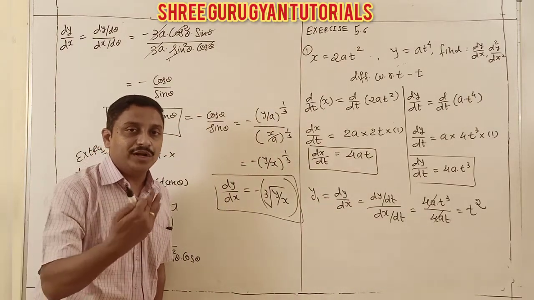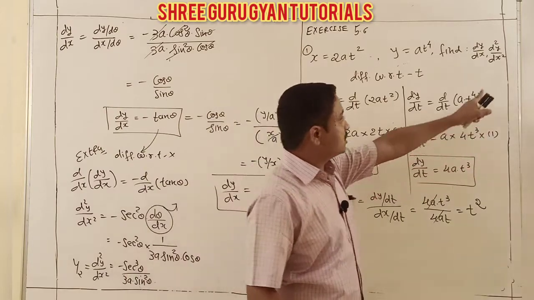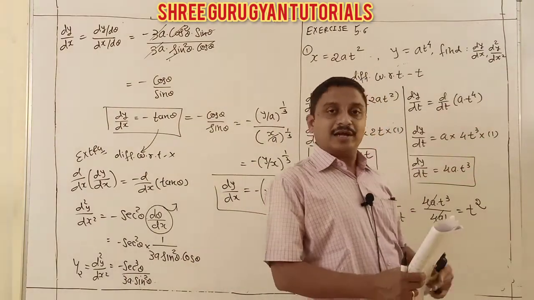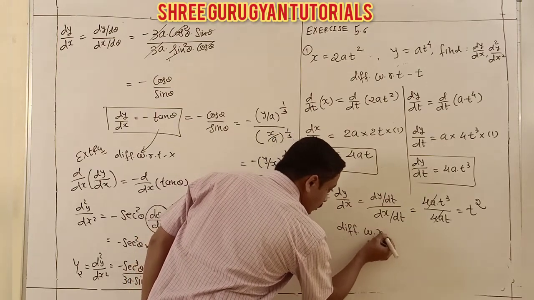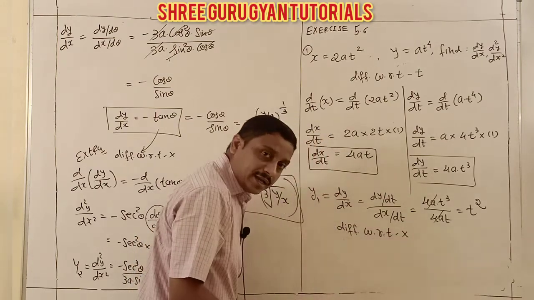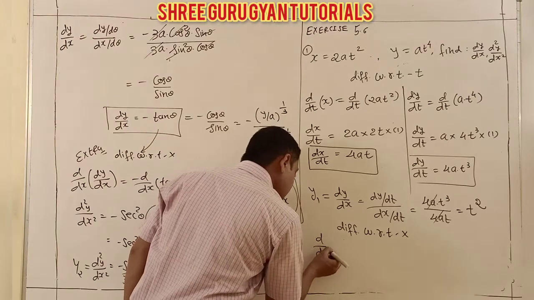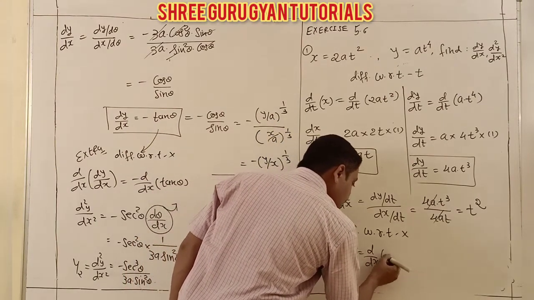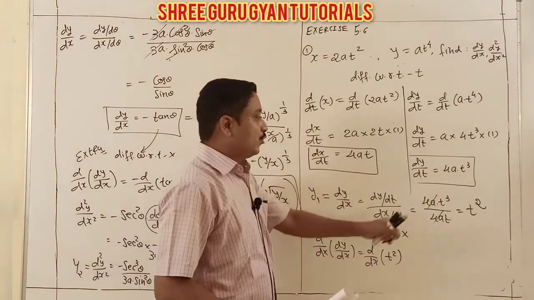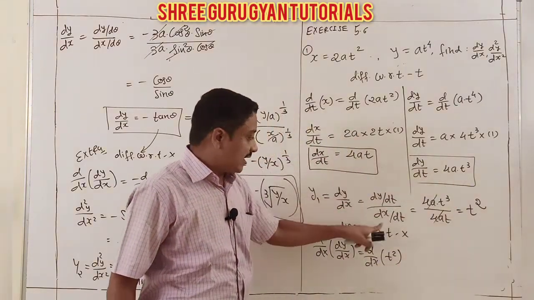Now students, I go ahead to second order derivative. This one, d square y by dx square. Now continue differentiation with respect to x. So d by dx of dy by dx, d by dx of t square. This value 4at cube upon 4at cancels.